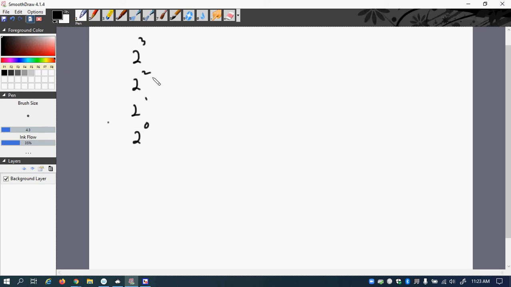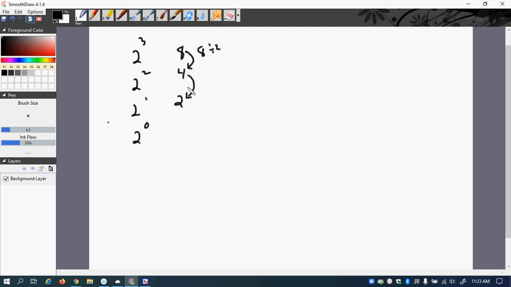And so we take a look, we see that 2 to the third is really 8. We know that 2 to the second is 4, and we know 2 to the first is 2. Okay? And notice as we go from here to here, we're actually taking the 8 and dividing it by 2, which gives us 4.